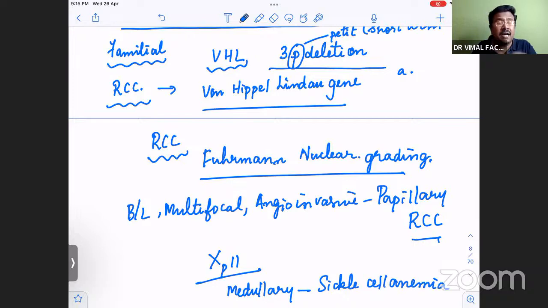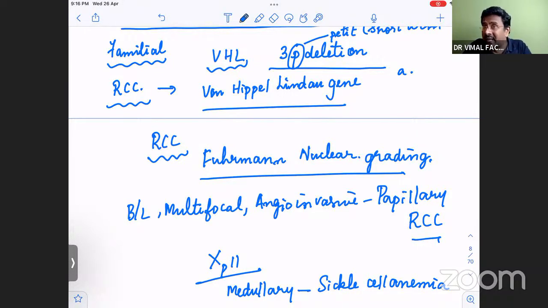And also remember, RCC can present with paraneoplastic syndrome. Which paraneoplastic syndrome? It is usually polycythemia. Renal cell carcinoma can produce a lot of erythropoietin, so this causes a paraneoplastic syndrome. The patient can present with increased hematocrit, PCV, and hemoglobin, polycythemia, as a paraneoplastic syndrome.